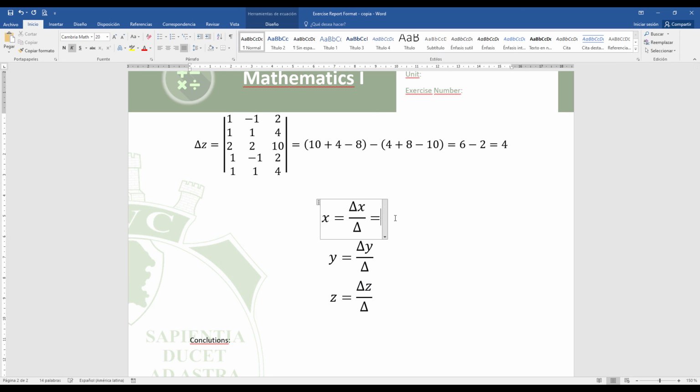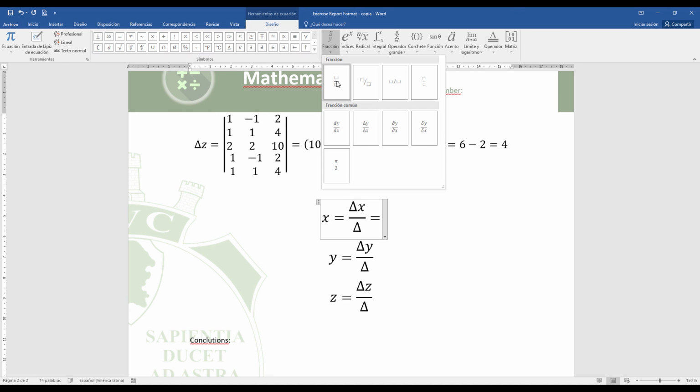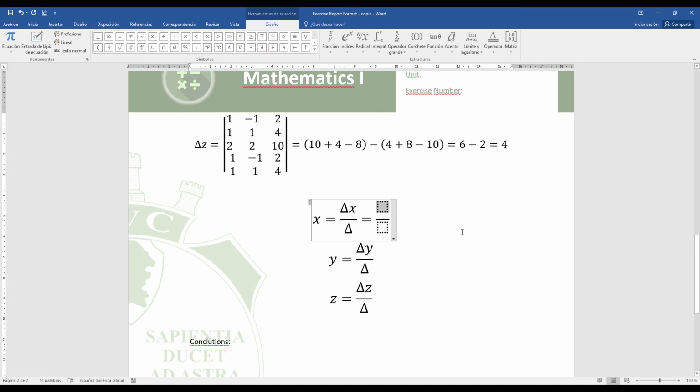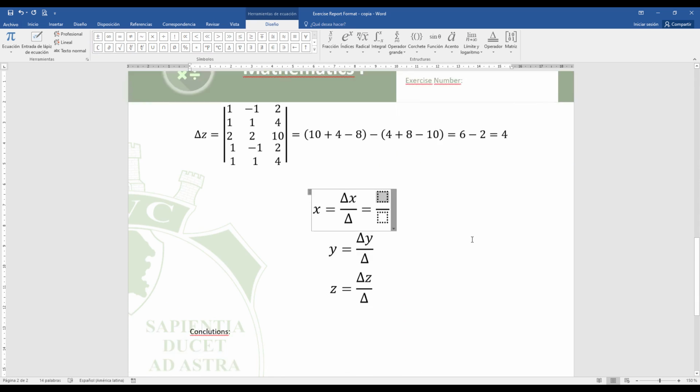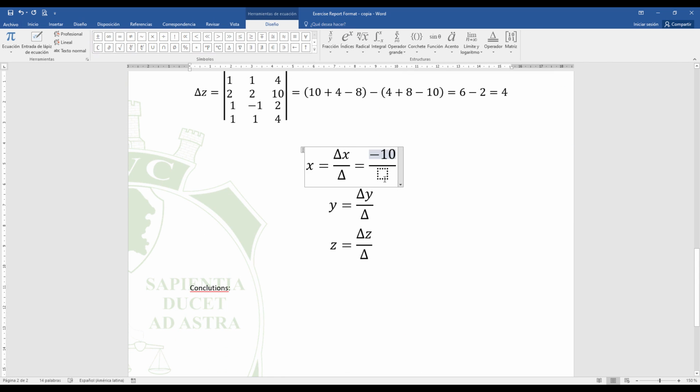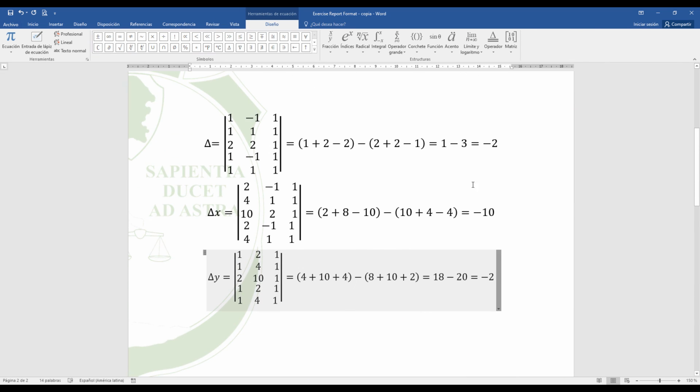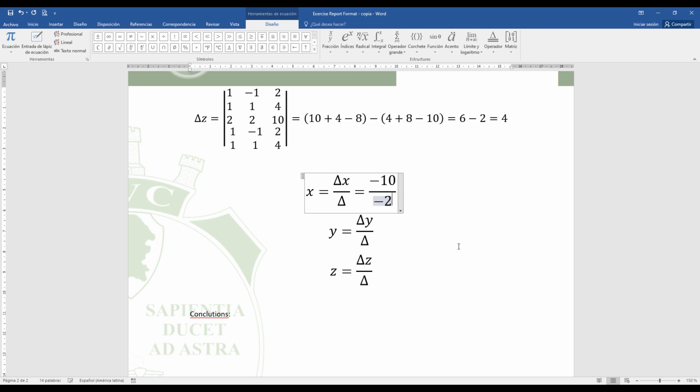Here delta x is minus 10 divided by delta, which was minus 2, so this is 5.